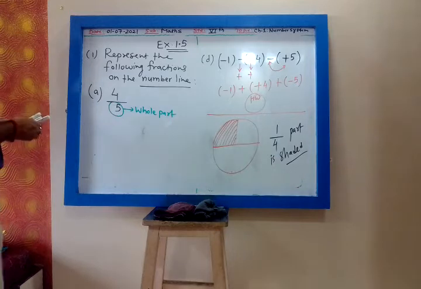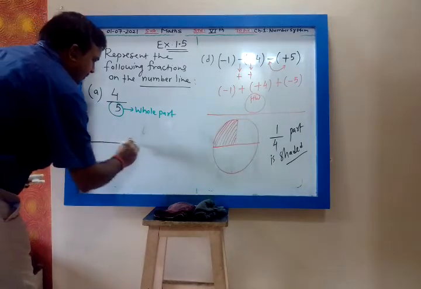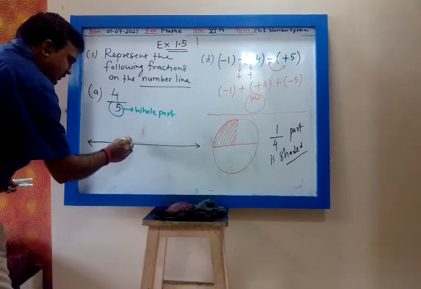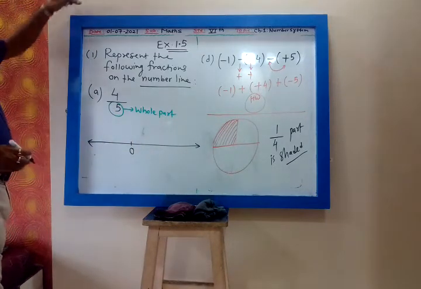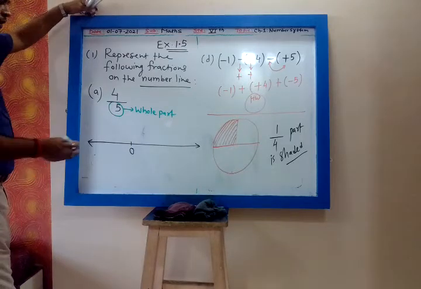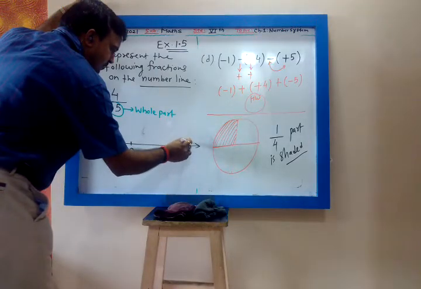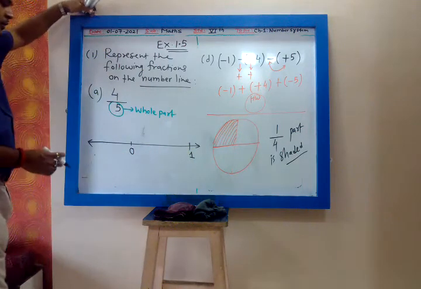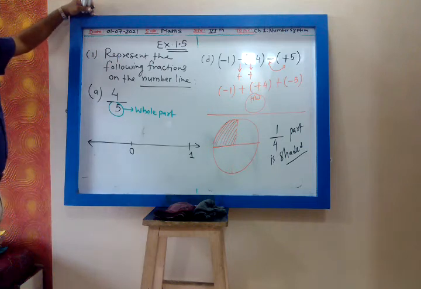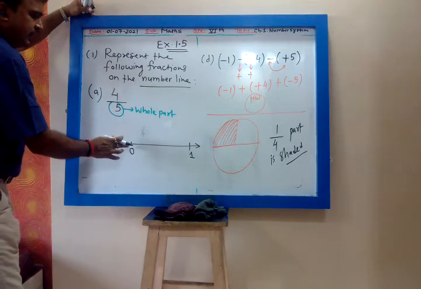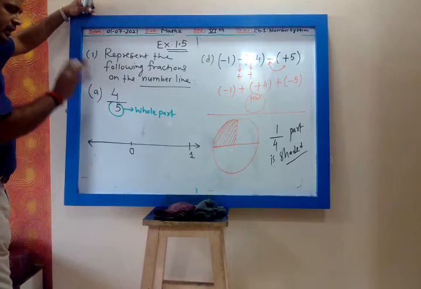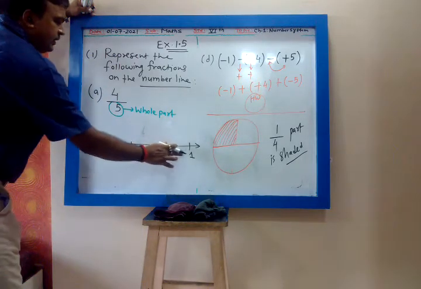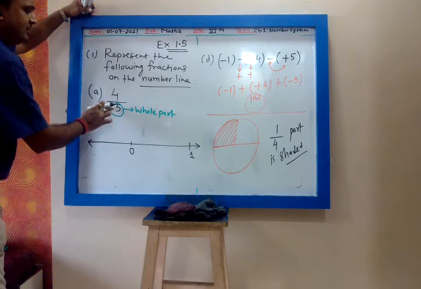So what we will do, we are given the number line. This is 0, then there is a number 1. Our job is to divide the number line between 0 and 1 into 5 equal parts, because the whole part is 5.